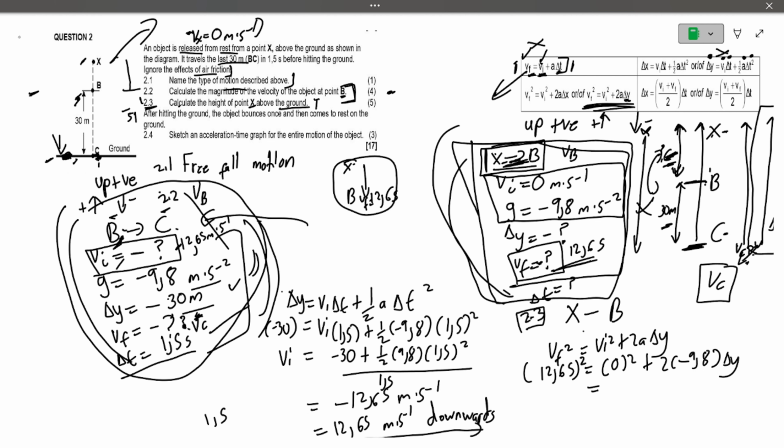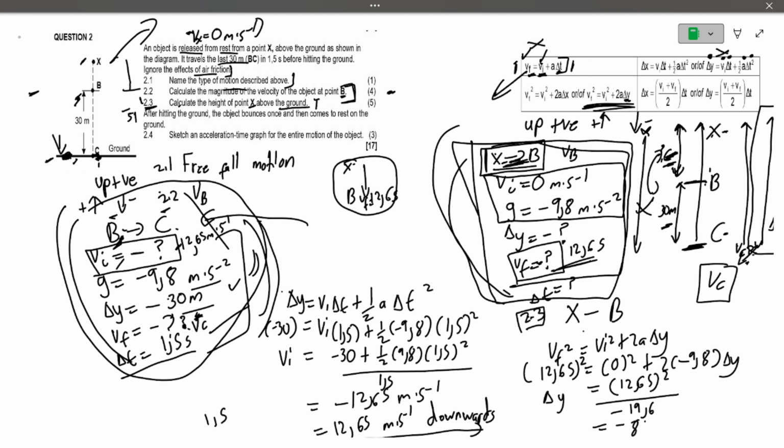We solve the change in y from there on. It's just going to be mathematics. Change in y equals 12.65 squared divided by negative 19.6, and then it gives us negative 8.16.